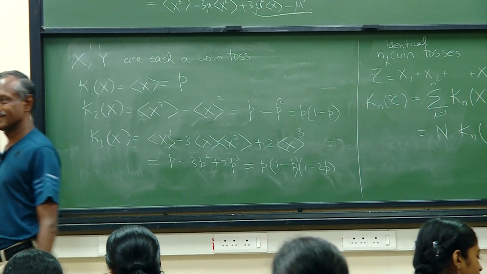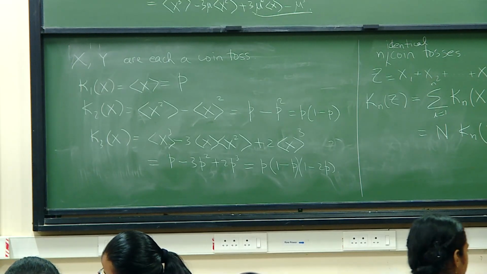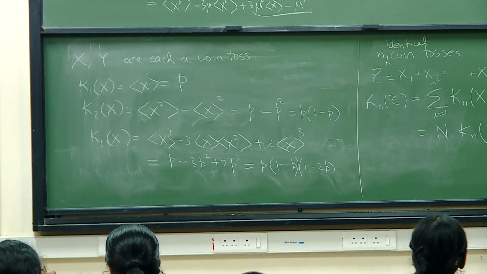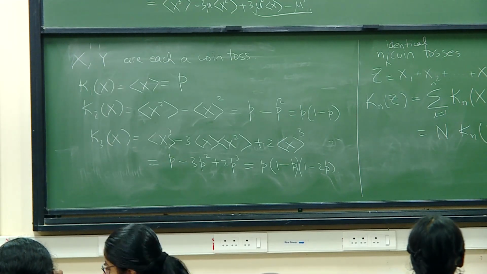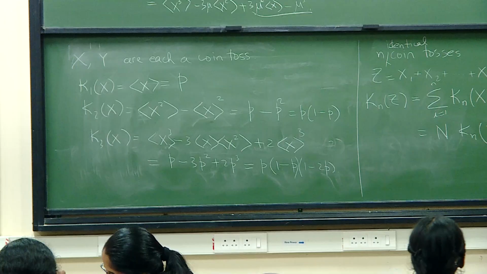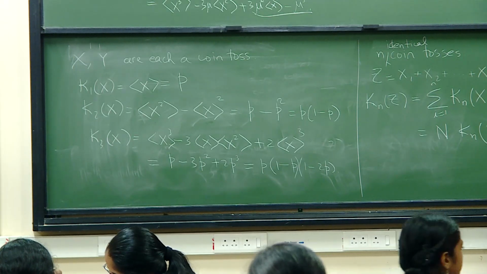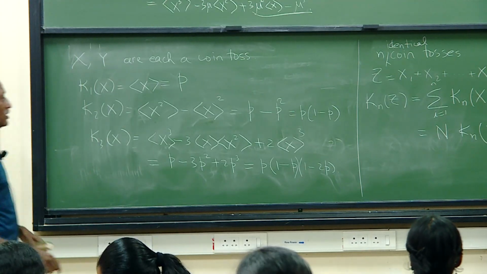It's important. So it just scales nicely. So now we know the results for kappa 1, kappa 2, kappa 3. We know the answers for n coin tosses, just multiplied by n because of the additivity.